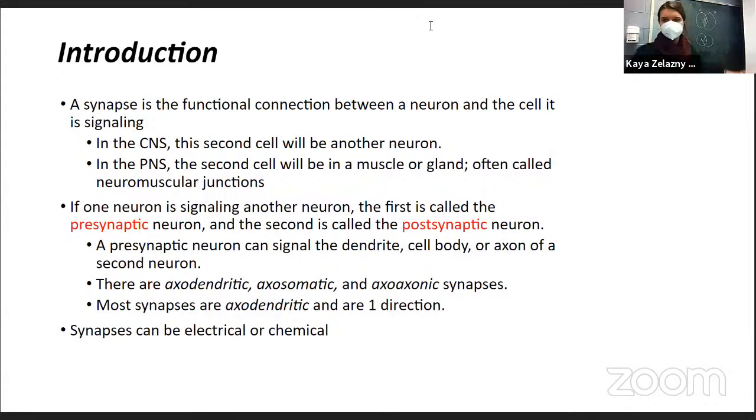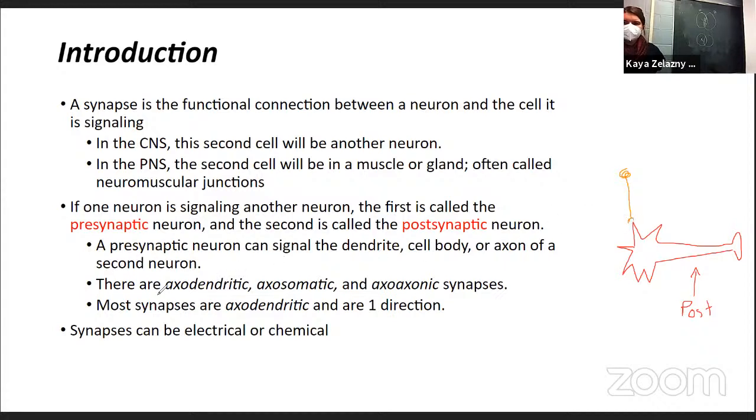So when we talk about presynaptic neurons, that first one, I'm going to draw us a postsynaptic neuron actually. I'm going to draw a red one. This is the one that's going to be receiving the signal. Orange for our presynaptic. So you could have our presynaptic neuron come in and signal to a dendrite.